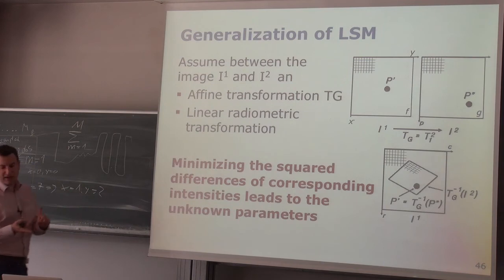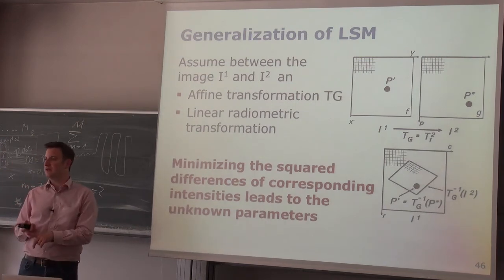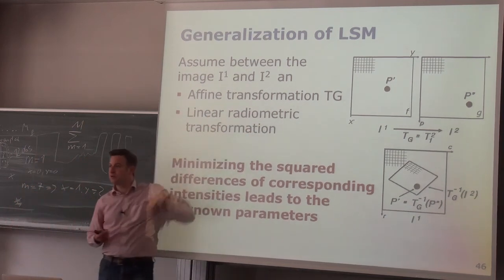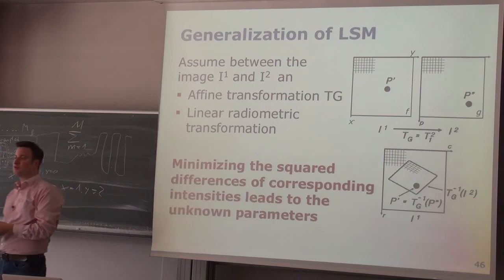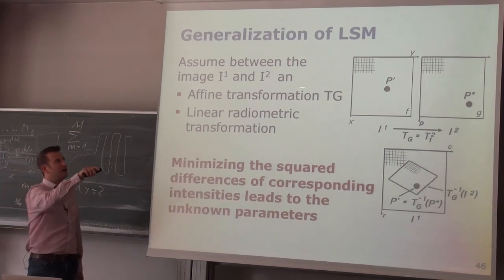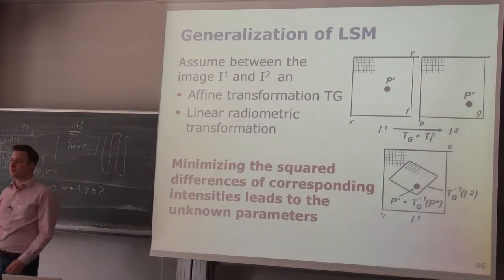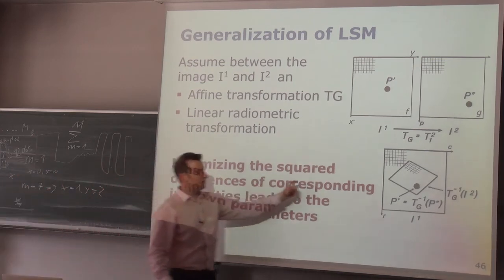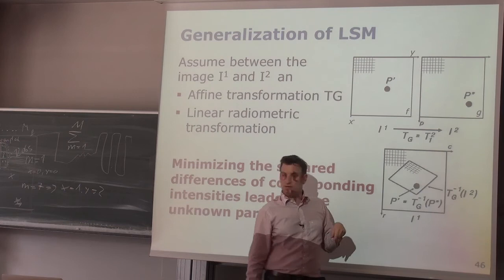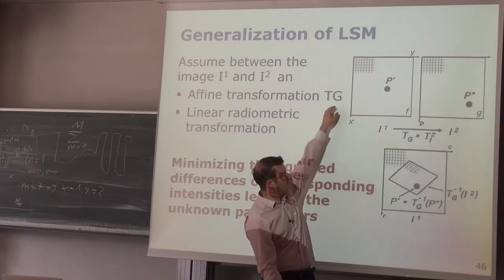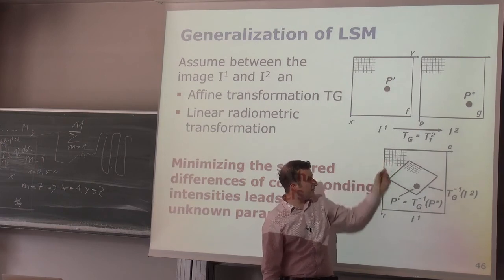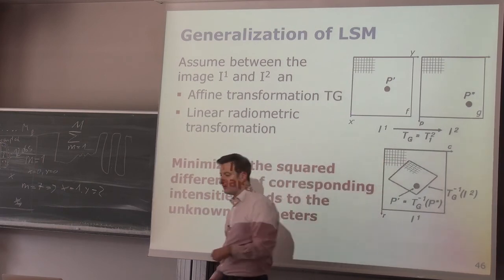That means we can have a change in brightness and in contrast. With respect to the radiometric transformation, we don't make any change with respect to cross-correlation, but we can now take more complex transformations into account between both images. And what we find is the parameters of this transformation, TG, so that one image is aligned and fits to the second image.